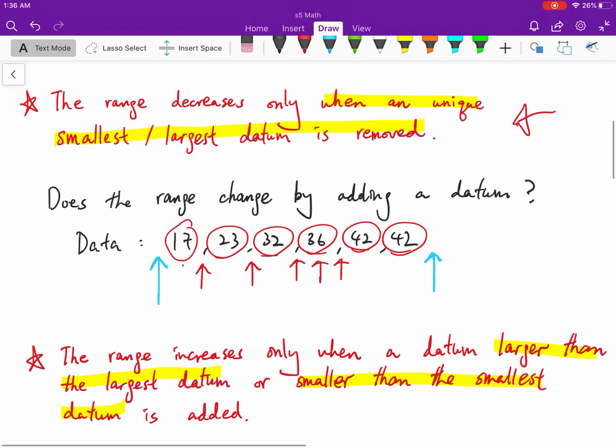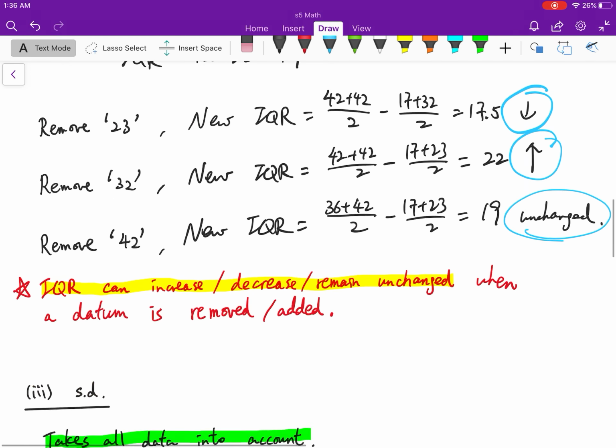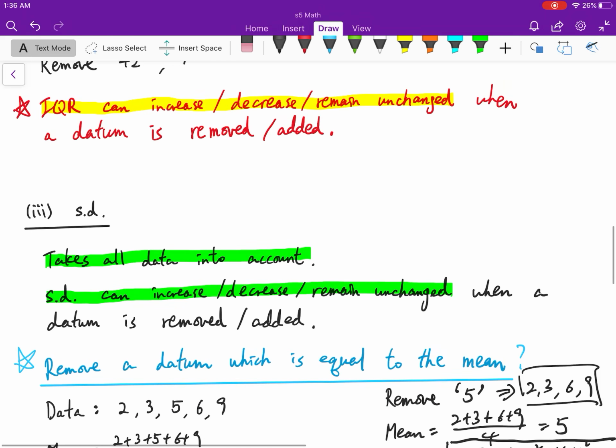Okay, so today we get 5 points. Let's go back so we can have a review. The first: the range decreases when the smallest or largest datum is removed. The second: the range increases only when a datum larger than the largest datum or smaller than the smallest datum is added.